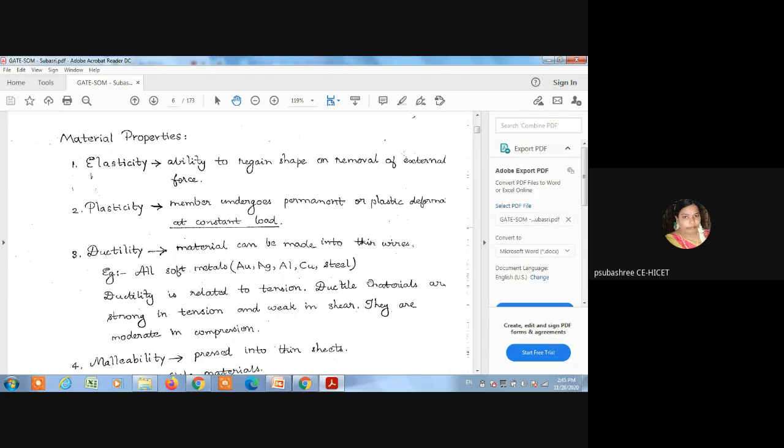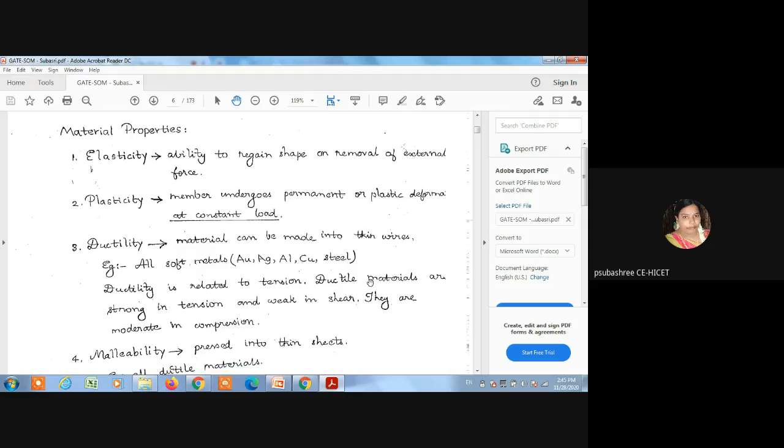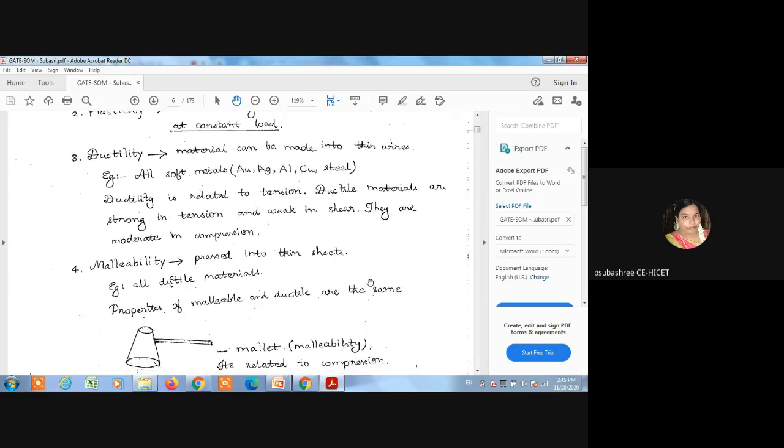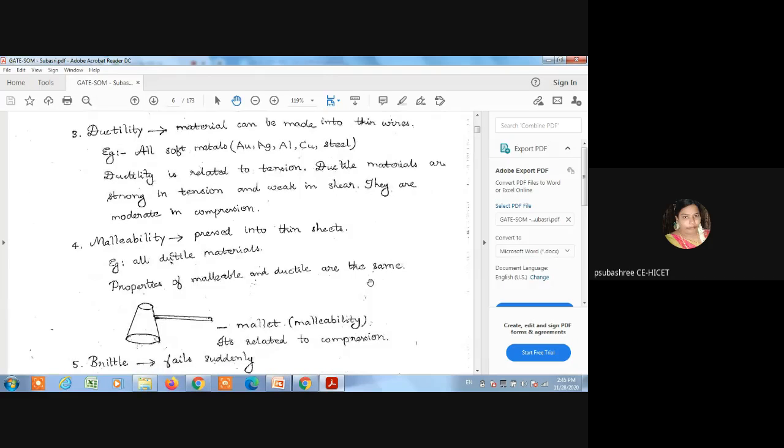So steel can be made into any shape; it is called ductility. Then malleability is the property of being crushed into thin sheets.